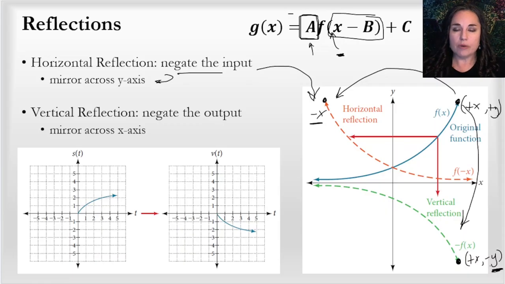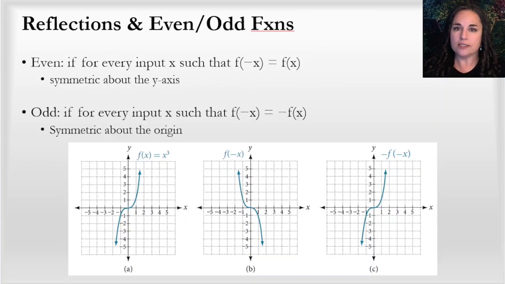When I think about reflections, and I mentioned this before when we talked about symmetry and even and odd functions, reflections have to do with the negative sign. And when we looked at even and odd functions, that had something to do with the negative sign too. Remember, by definition, there's a rule for if something is even: when I plug in negative x into the original function, I get the original function back, a plus of that value.